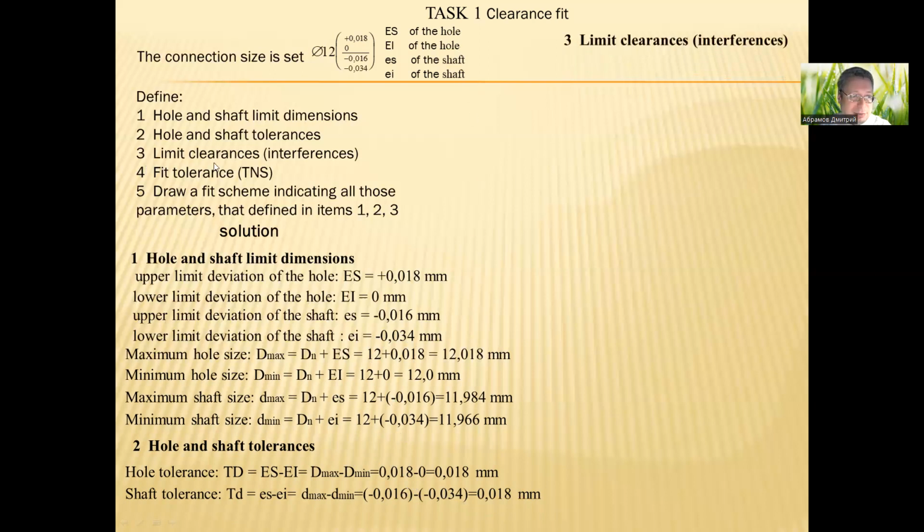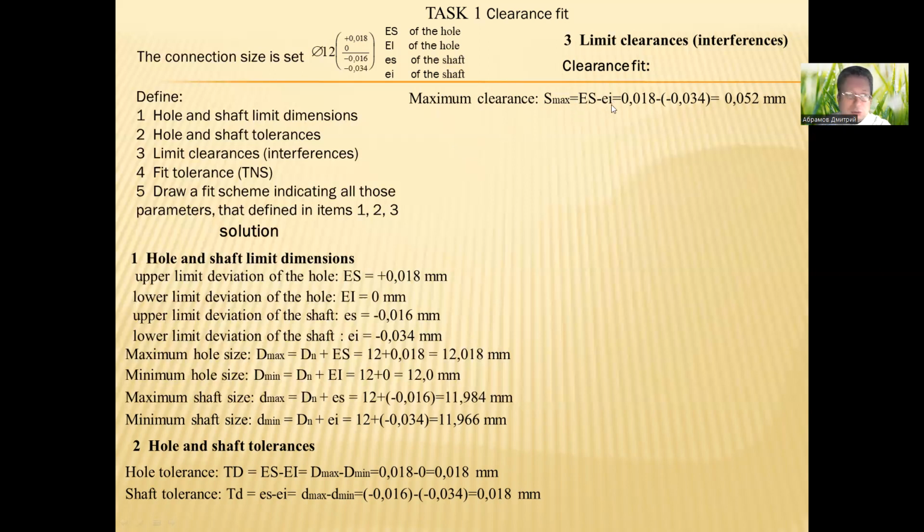Next, item limit clearance or interference. We have clearance fit, so we should find maximum clearance and minimum clearance. Maximum clearance, S maximum, is equal upper limit deviation of the hole minus lower limit deviation of the shaft.